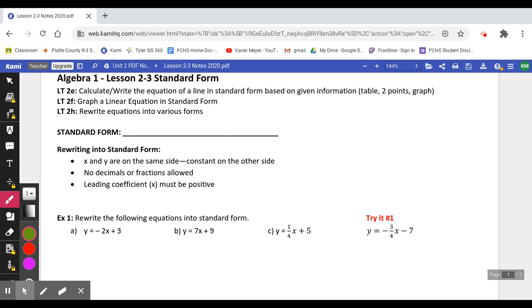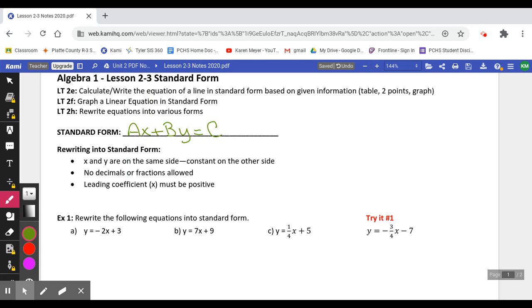Standard form is the following. AX plus BY equals C. Now, when we are taking slope-intercept form and rewriting it into standard form, there are three stipulations that we have to make sure are true.